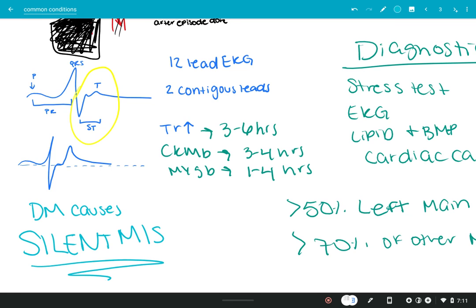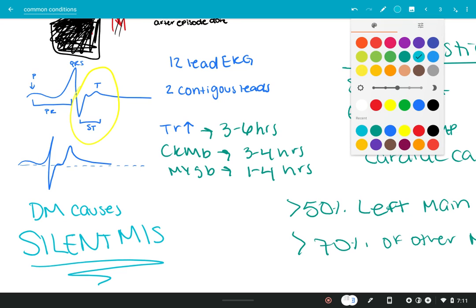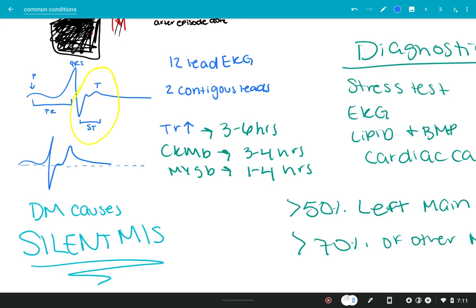So diabetics will often come in to the clinic or wherever, get an EKG, and we see signs of a previous MI, and they're like, oh, I've never had a heart attack. Diabetes causes silent MIs. Now, another thing that we probably want to know is, how do we know that they've had a previous MI? We can't see the necrosis of the heart.